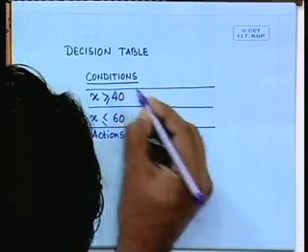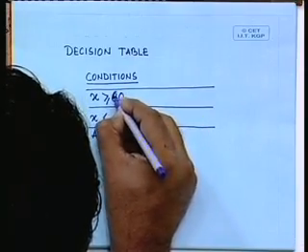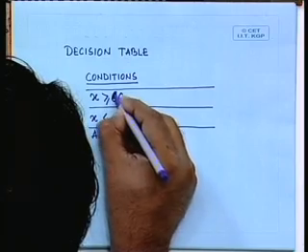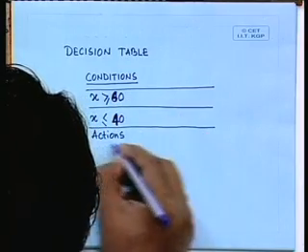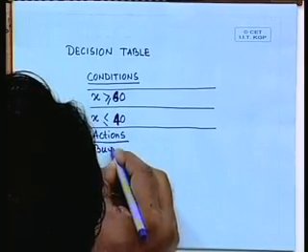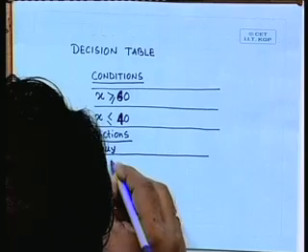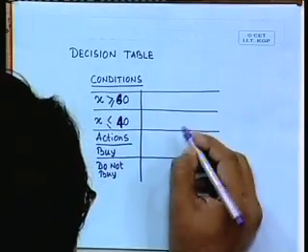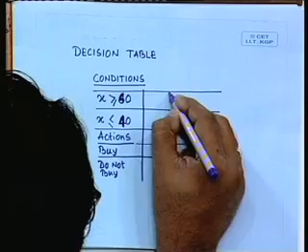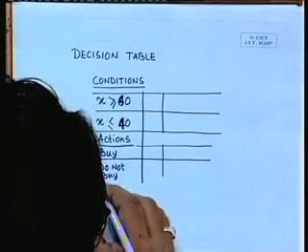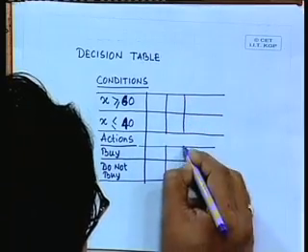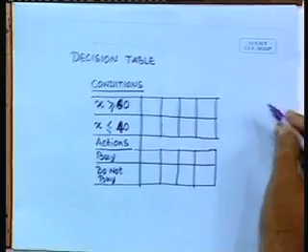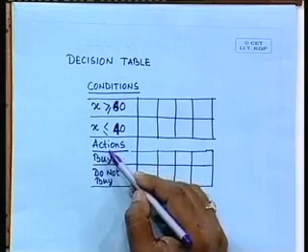Actually, there should be another way around. So, you see we have two conditions, x is greater than or equal to 60, x is less than or equal to 40.